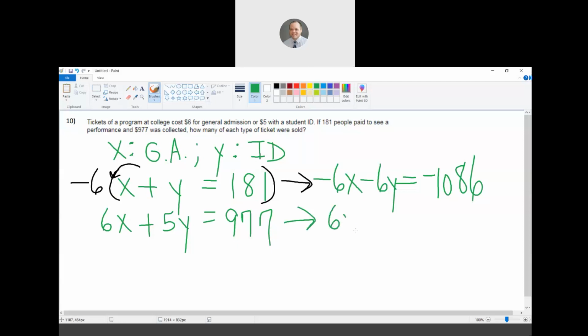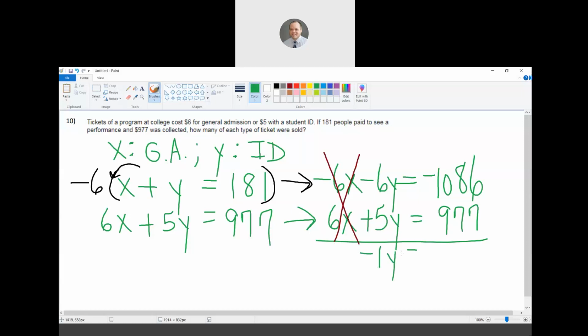Scoot over your second equation. Now we can cancel out the 6x's. Combine what's left. So what's left is -1y equal to -109.